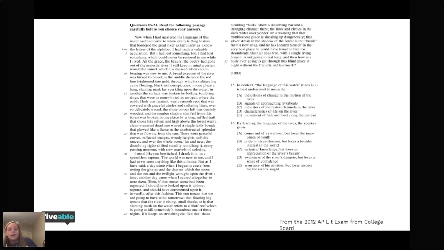Yeah, I can totally read it. I think what I'm going to do is read the question and then read the lines that you're supposed to read. Because for the first question, I don't know if I can zoom in. Oh, no, I cannot zoom in. So number 15 says, in context, the language of this water in lines 1 and 2 is best understood to mean the: A, indications of change in the motion of the river; B, signals of approaching riverboats; C, indicators of the fastest channels in the river; D, characteristics of life on the river; and E, movement of fish and fowl over the current.